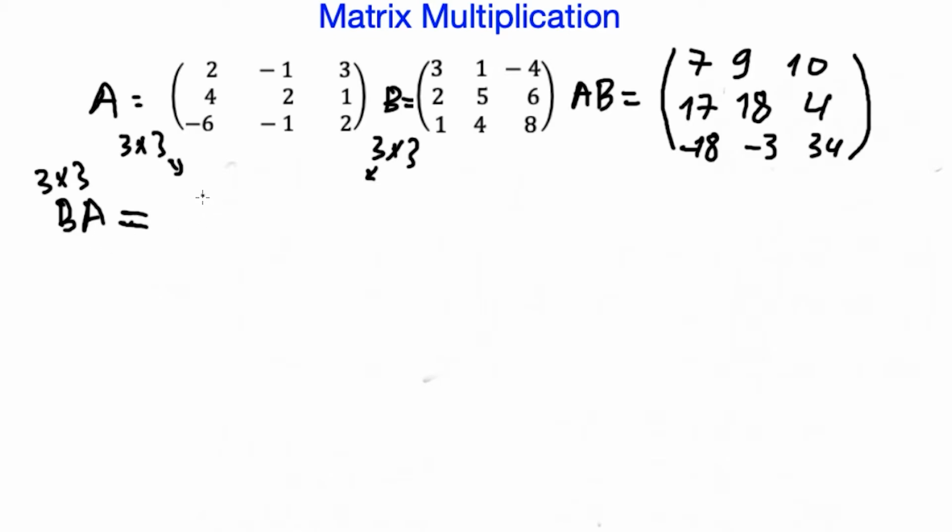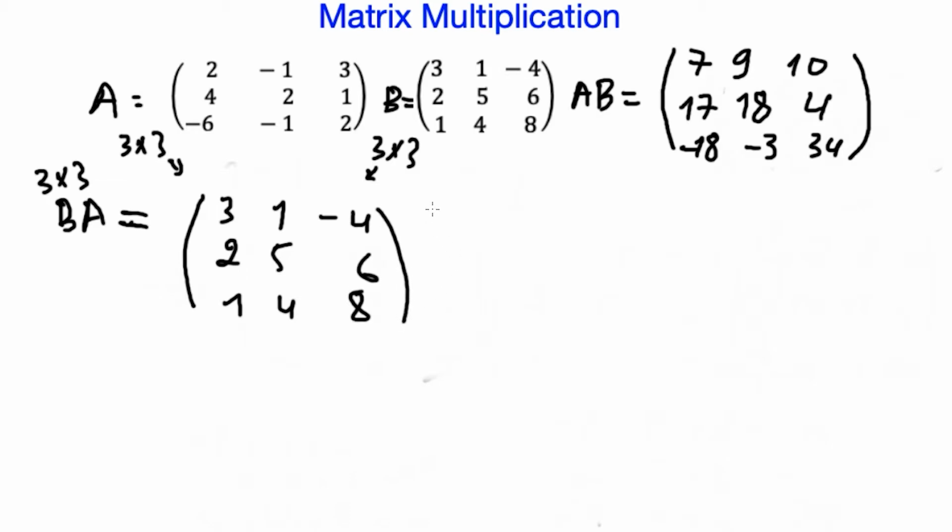So BA will be the matrix 3, 1, minus 4, 2, 5, 6, 1, 4, 8. And the matrix A is 2, minus 1, 3, 4, 2, 1, minus 6, minus 1, 2.